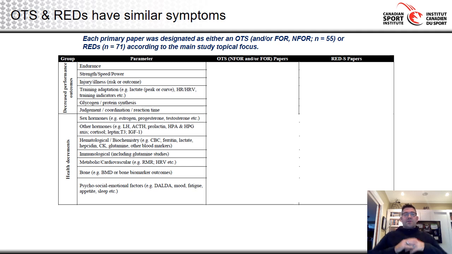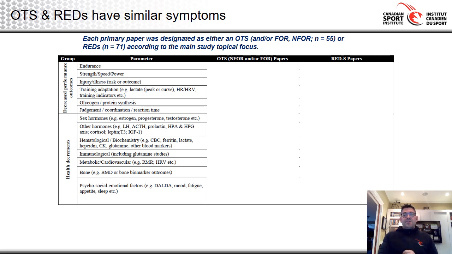Obviously, each paper has lots of different measurements and outcomes, and so we looked at all the various outcomes that each paper showed. Some of them are going to be performance decrements, such as endurance, speed, injury, illness, training adaptations, or some might be health decrements: sex hormones, hematology, metabolic downregulation, bone injuries, or psychosocial and emotional.